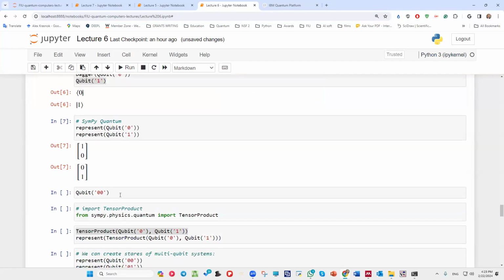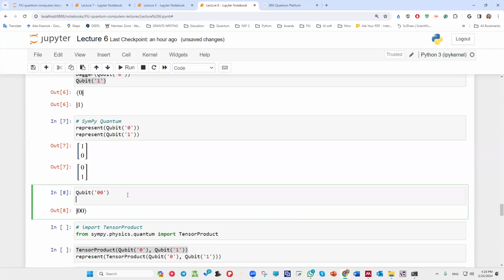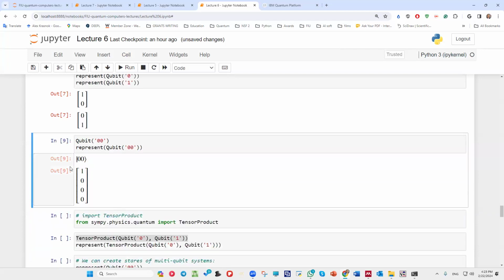Let us check that. So this is the qubit itself. I can represent this qubit in the vector form, and indeed it is the state 1, 0, 0, 0. Likewise, we can generate other states.